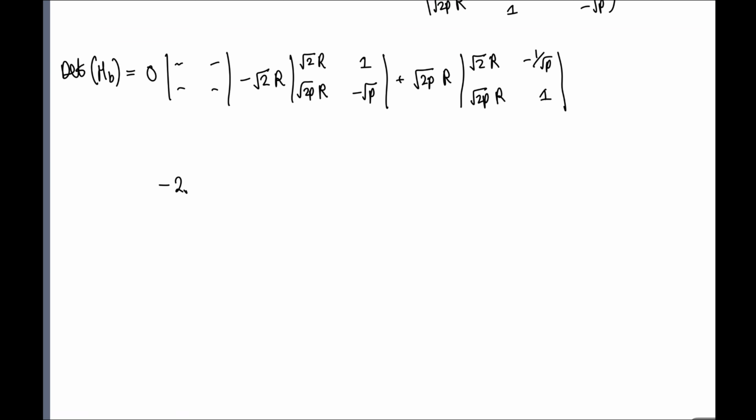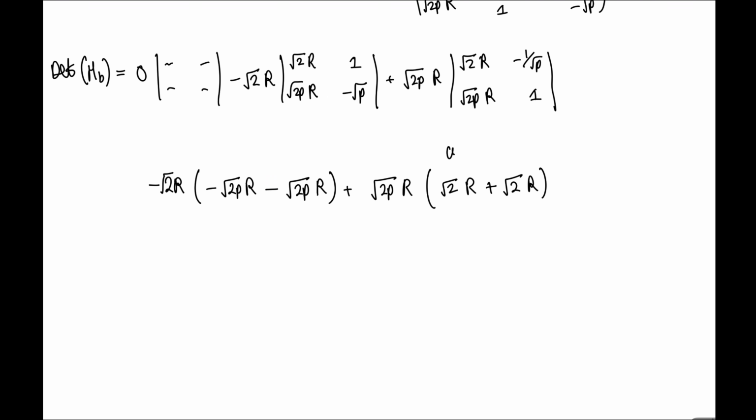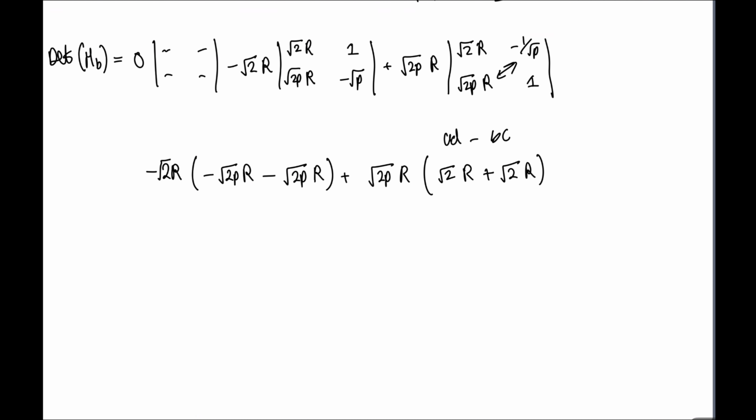If we now work out the determinants, we have minus root 2pr, minus root 2pr, plus root 2pr, root 2r, minus plus root 2r. So AD minus BC. This time this was a negative, but then negative makes it positive.